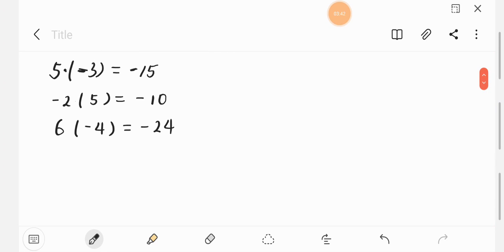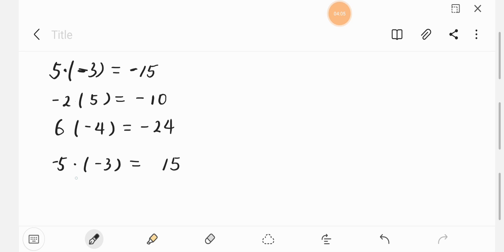Then let's try this one. Let's multiply two negative numbers this time. Negative 5 times negative 3. One is negative 5, the other is negative 3. We know that the product of 5 and 3 is 15, right? How about the sign?